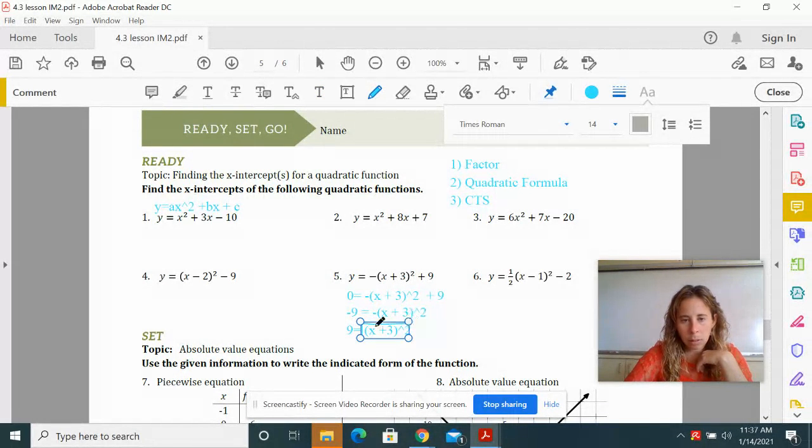Square root of 9, you get plus or minus 3 is equal to x plus 3.